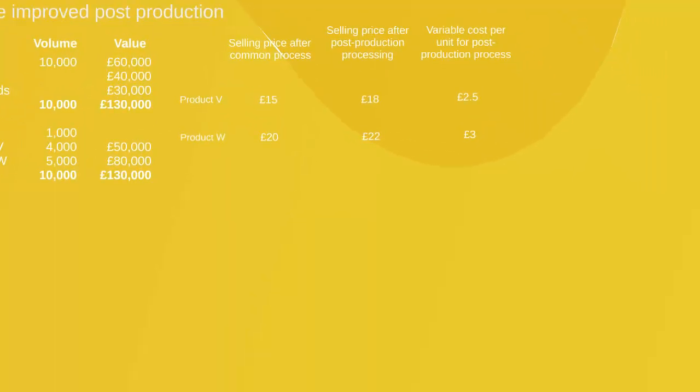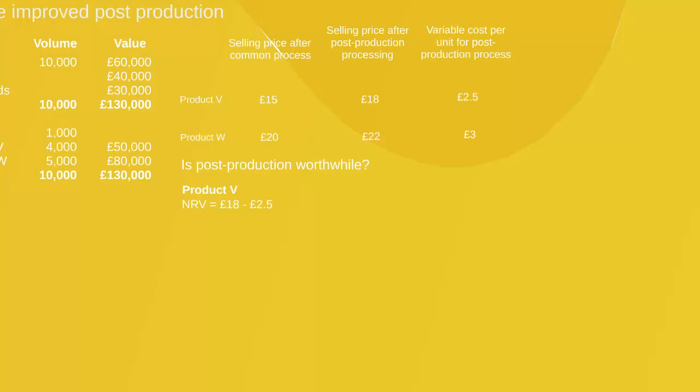So this now allows us to answer a question: is post-production worthwhile? Now, for product V, the net realizable value, so you remember the net realizable value is the net value after additional costs have been taken away from additional revenue or additional income. So net realizable value here would be calculated by taking that selling price, the post-production selling price, and deducting the post-production variable cost.